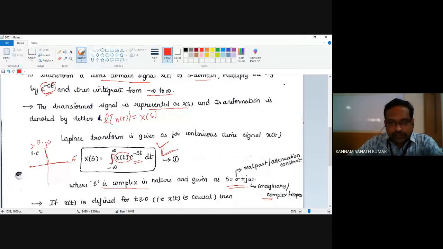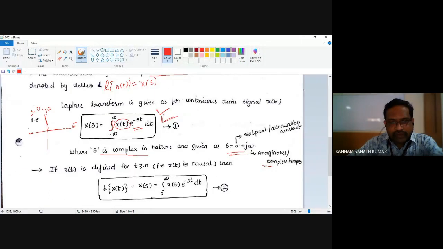When t is greater than or equal to 0, x(t) should be a causal signal, and this type of transformation we call unilateral. That is integration from 0 to infinity.